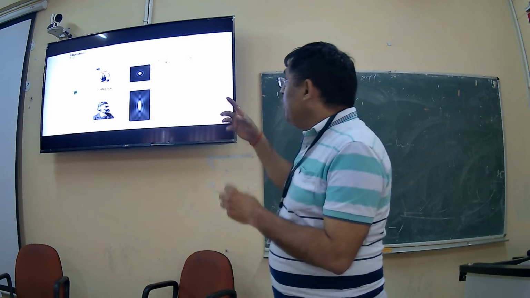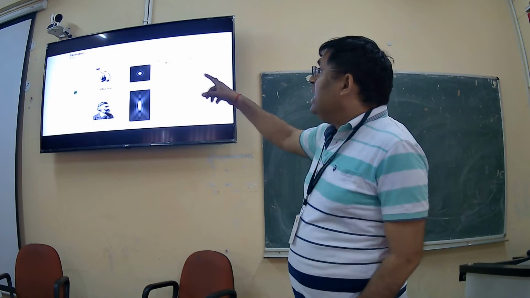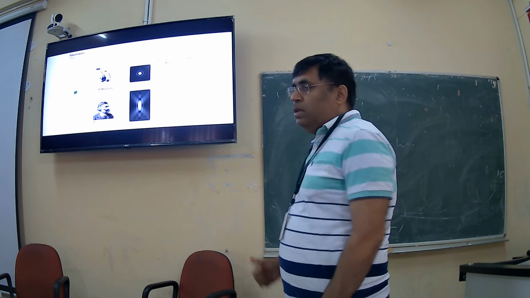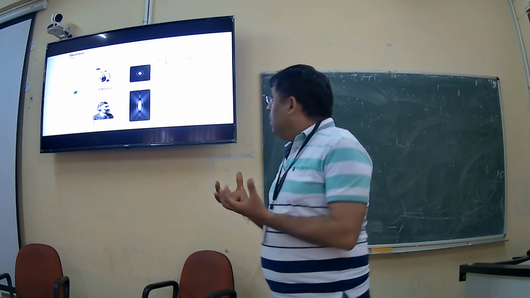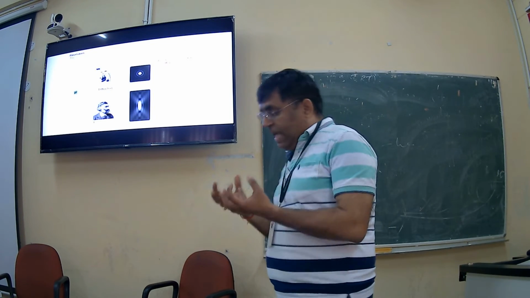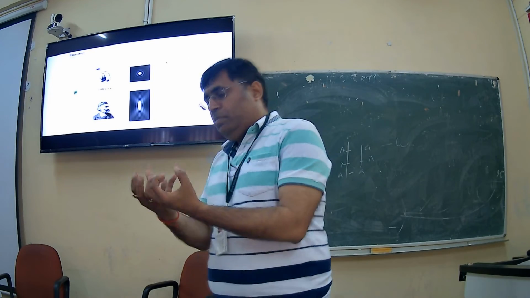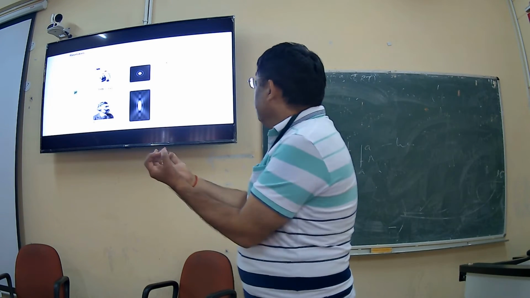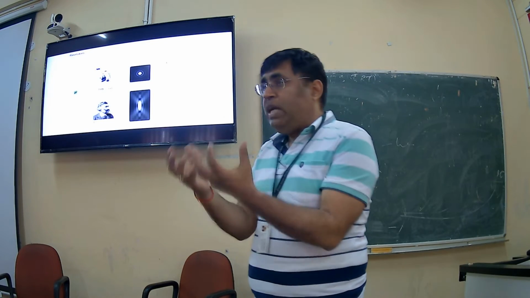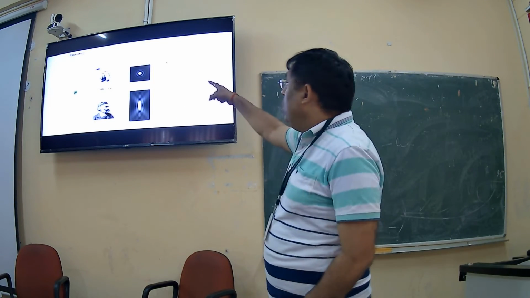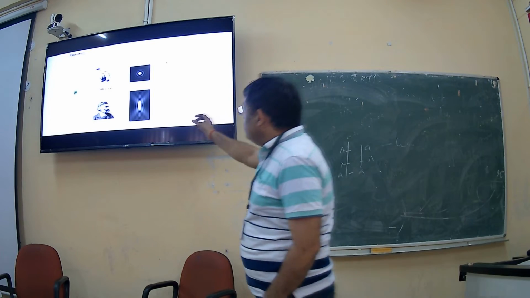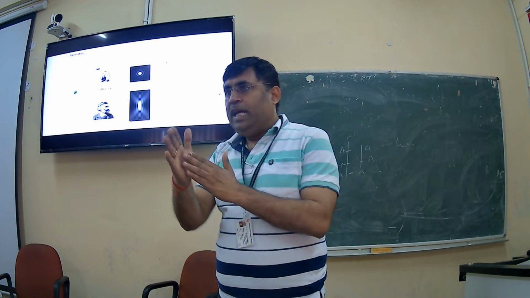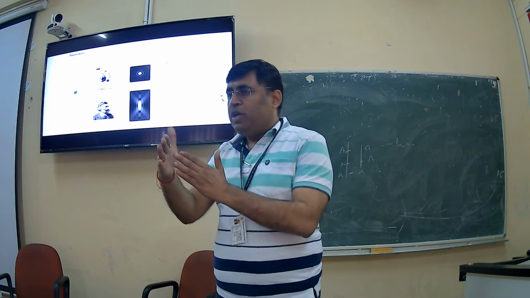Resolution is limited up to how clearly two small objects are seen as separate. So what happens when light falls? It will show diffraction. Diffraction means light will always get diffracted. Because it is a wave, it will get diffracted.